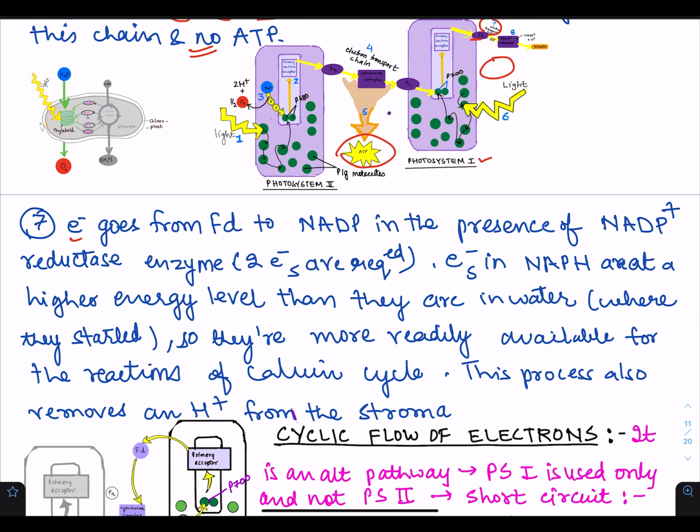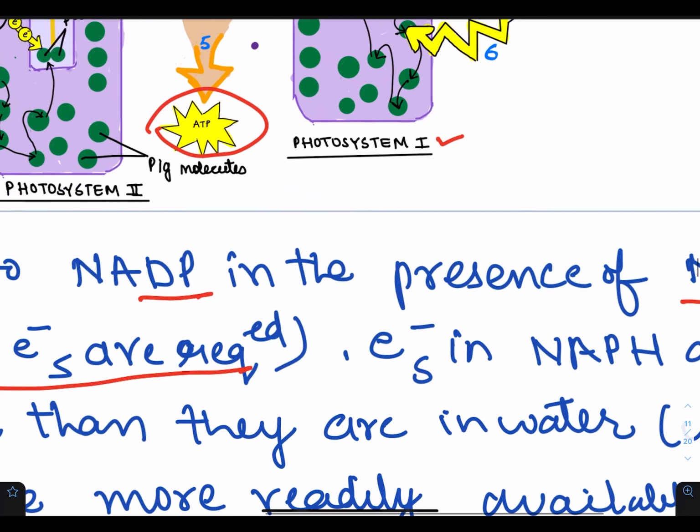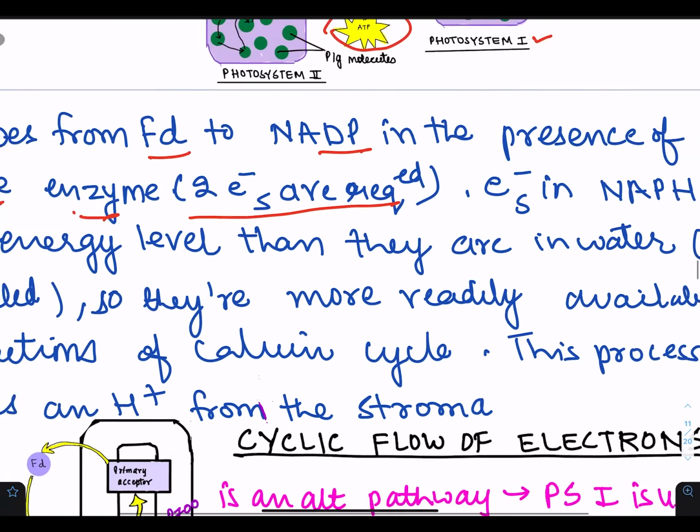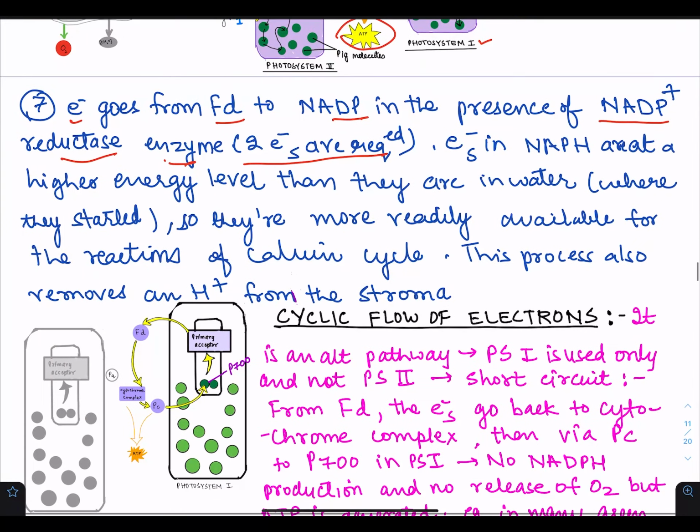Electrons go from ferredoxin to NADP in the presence of the NADP reductase enzyme. Two electrons are required. From ferredoxin, in the presence of NADP reductase, NADPH forms.